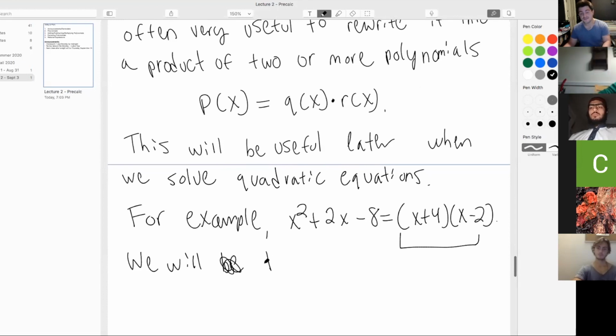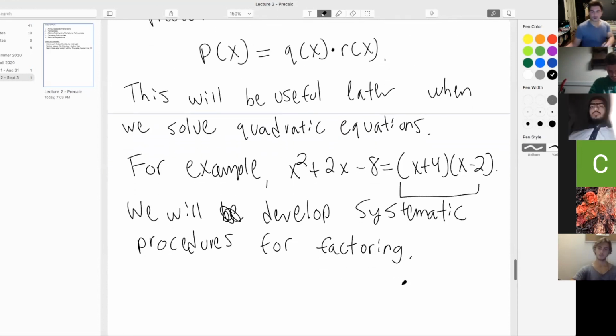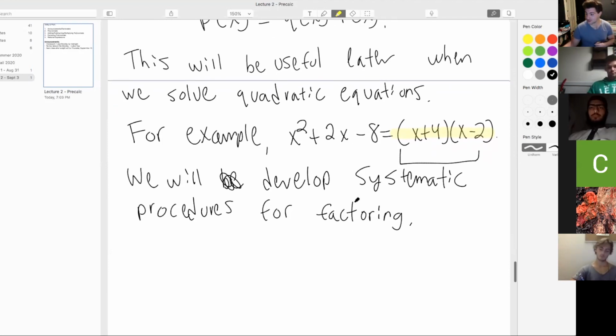We will develop systematic procedures for factoring. Essentially we're going to figure out how in the world did I know to rewrite x squared plus 2x minus 8 as x plus 4 multiplied by x minus 2. How did I figure that out? That's what we're going to set out to do.